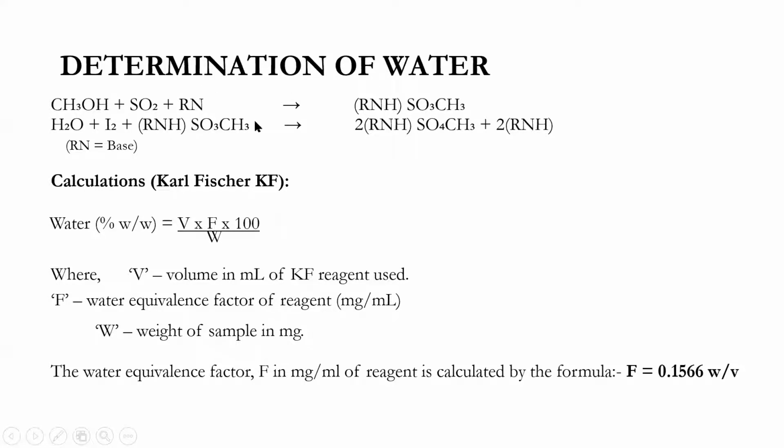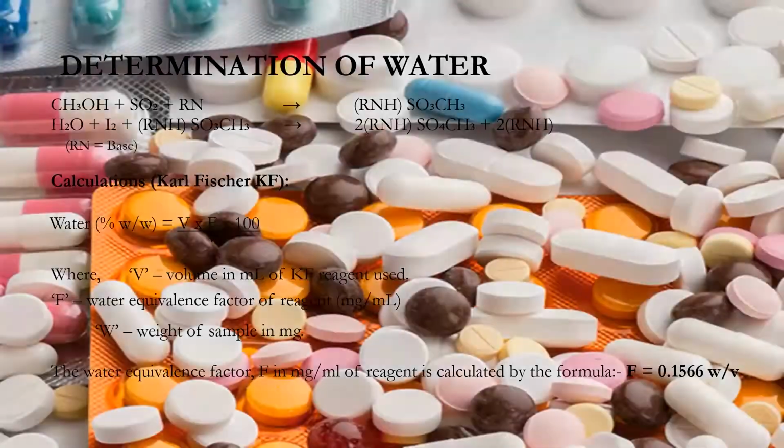This is the actual reaction which happens during the mixing of the Karl Fischer reagent. So the formula is VF into 100 by W, where V is the volume of KF reagent in ml, F is the water equivalence factor. It is fixed. We are taking 0.1566 weight per volume, and W is the weight of sample in milligram.